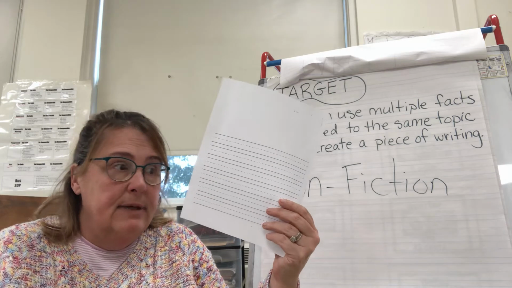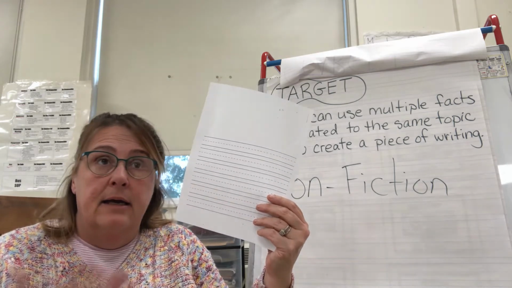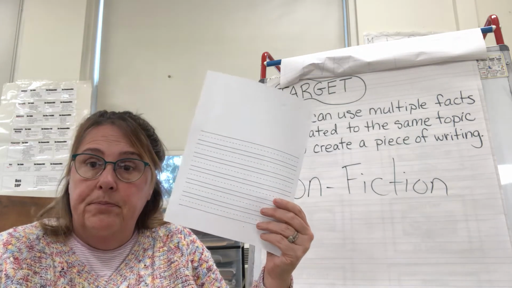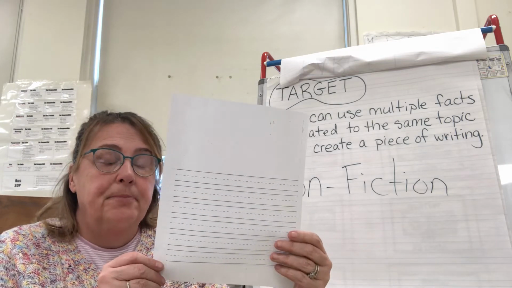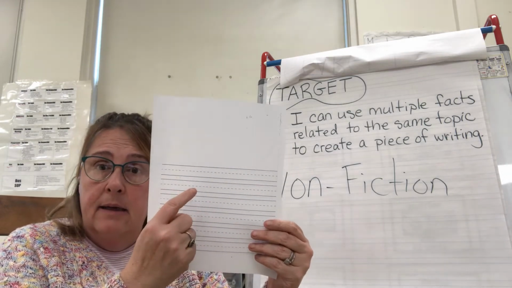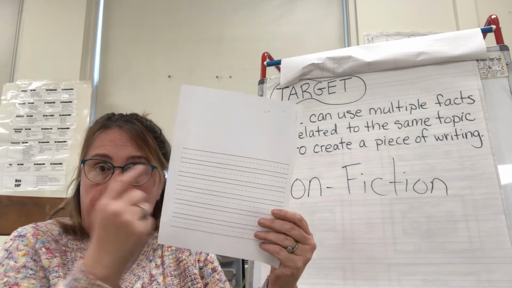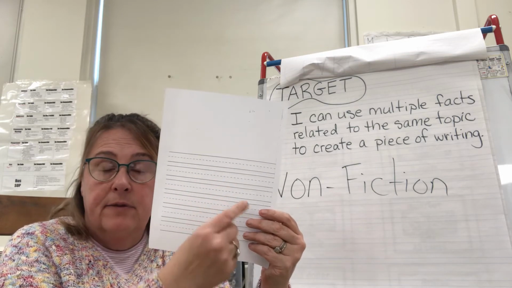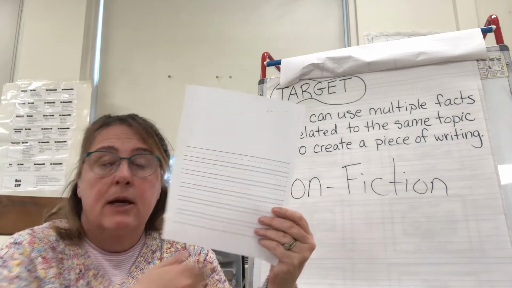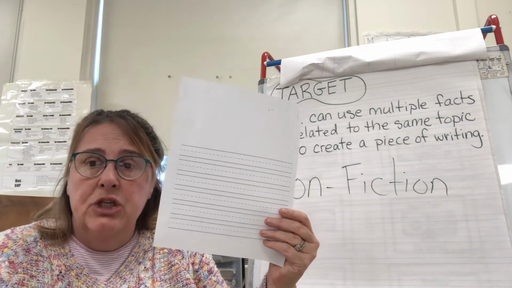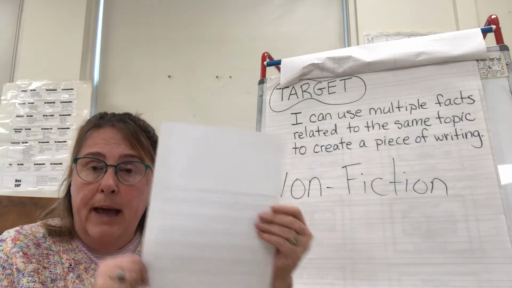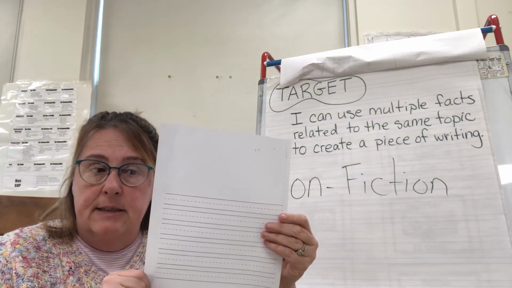So for instance, if I had a penguin, I might say the penguin is black and white. It has flippers and webbed feet, whatever information you have about what your penguin's body parts and characteristics are.